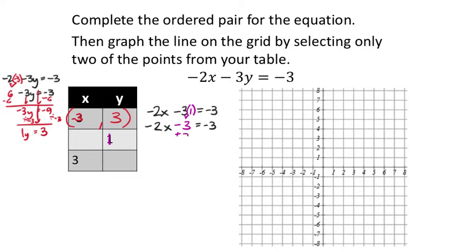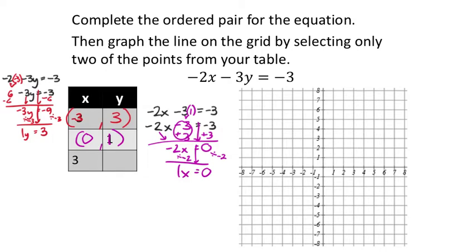Let's add 3 to both sides. So that zeroes out. I can drop my negative 2x. You'll notice that on the right side it zeroes out, but I need to see some value on the right side of the equal sign, so I need to keep that 0 there. And then finally here, I would divide both sides by negative 2. And that will give me 1x, which equals 0. So that ordered pair is 0, 1.